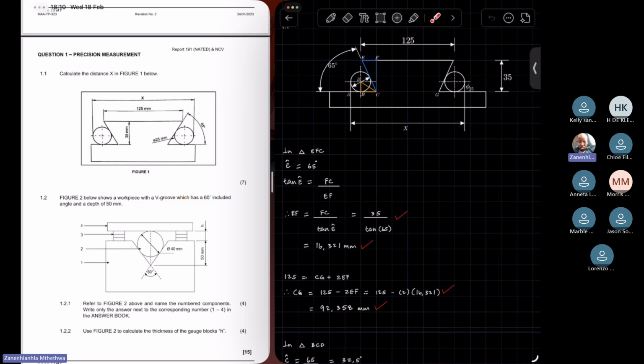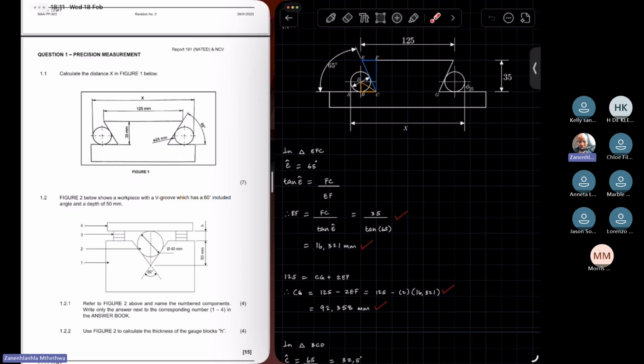In having to calculate BC, you have to calculate that small angle, and that small angle is half of this entire angle, which means the small angle will be half of 65, seeing that we are given the 65. So that is how we are going to attain BC, by getting that angle, because we already know what DB is equal to. DB is equal to the radius. We have the diameter, so we have the radius. So that's number one.